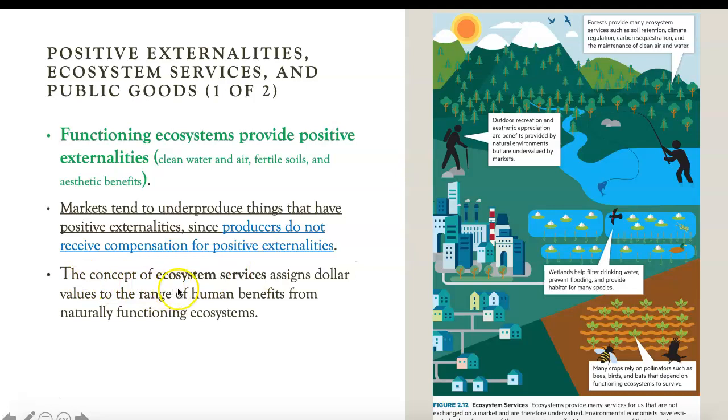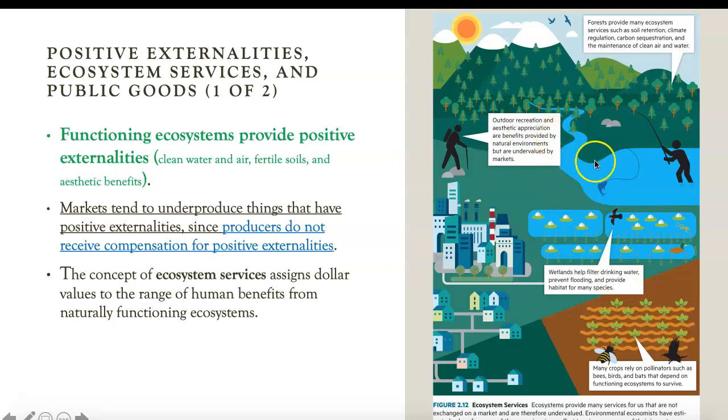The concept of ecosystem services assigns dollar values to the range of human benefits from naturally functioning ecosystems. And this is a beautiful picture on the right side. The wetlands have economic value, right? We live in Texas and Louisiana. Keep thinking about the value of wetlands. And I think wetlands is one of my testing points.